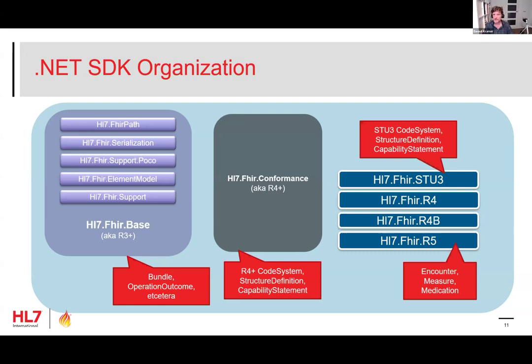The SDK library also has code system, structure definition, and capability statement, because it doesn't take part in the conformance library. So conformance has R4 plus of all these things, and the SDK library has its own incompatible version of code system, structure definition, and capability statement. This isn't nice, but this is a fact of life.